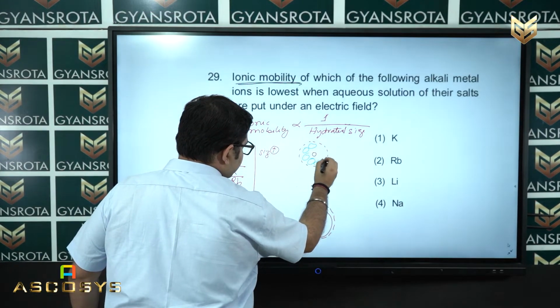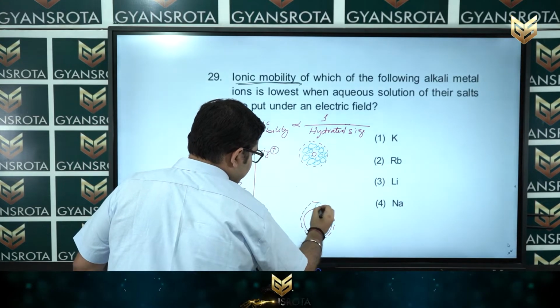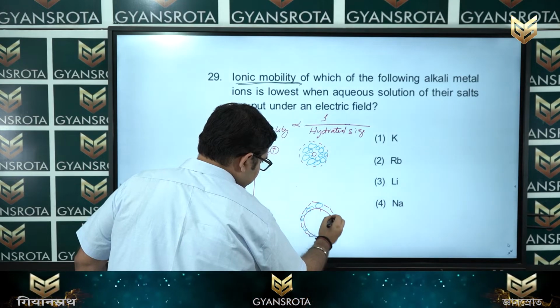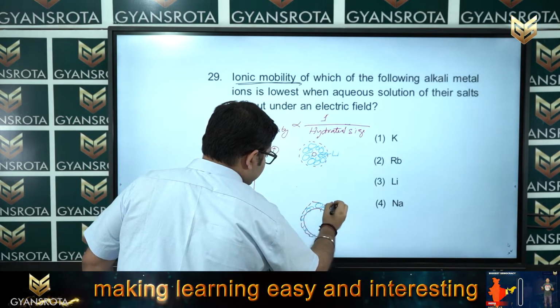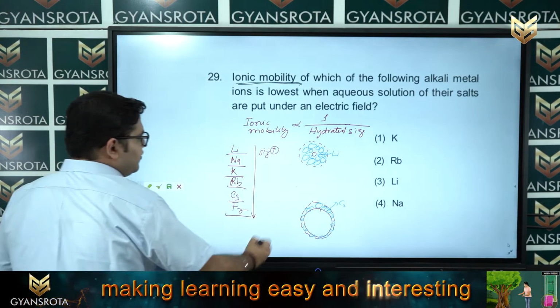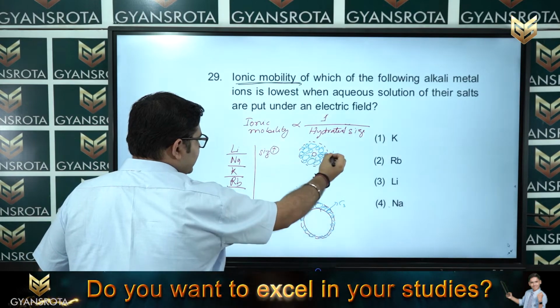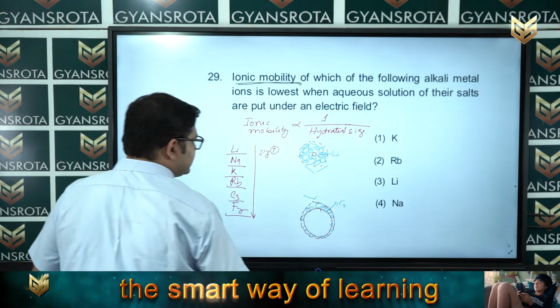These blue colors are water molecules. So, this is lithium and this is cesium. If you see lithium, more water molecules occupy it. So, this is the larger hydrated size compared with cesium.